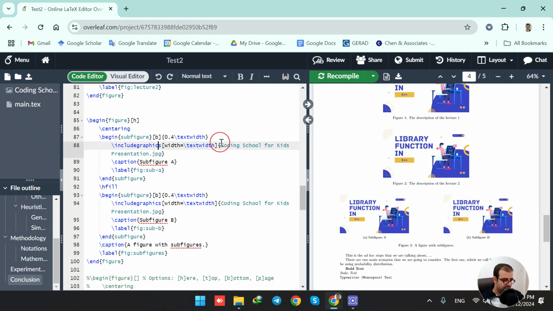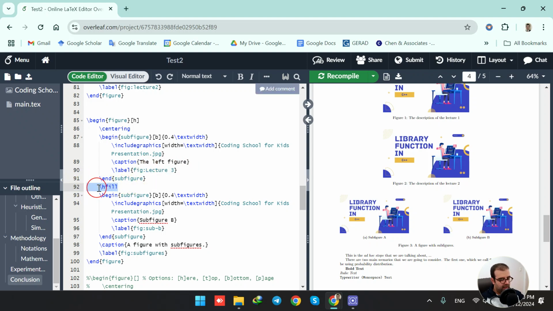And then you include the figure and you have the caption here. So subfigure A is the caption for the figure A. For example, you can say the left figure here, and you can say, for example, lecture 3, and then you have the caption and label, and then you finish.